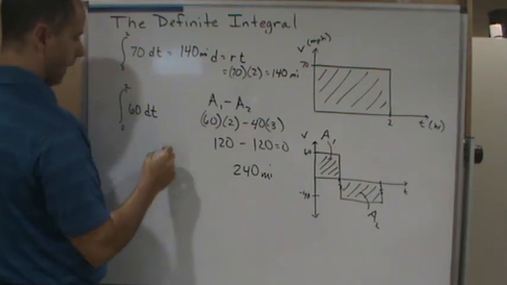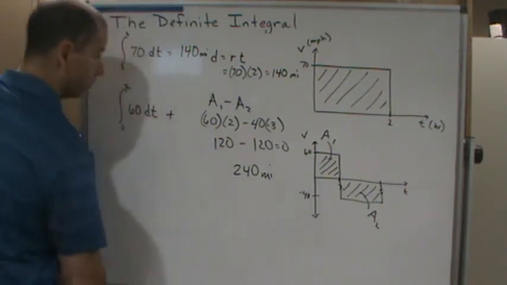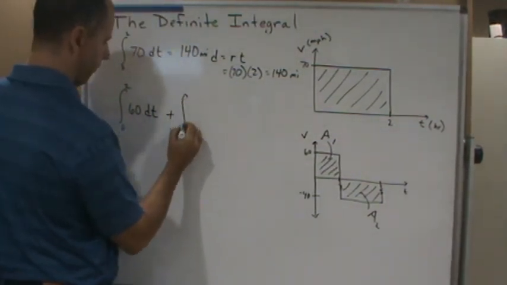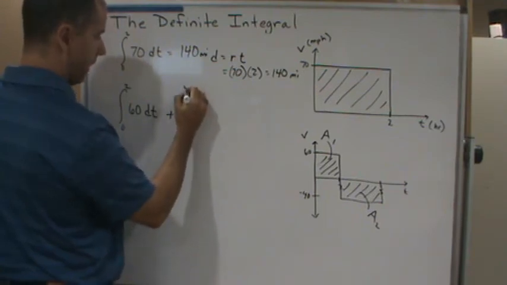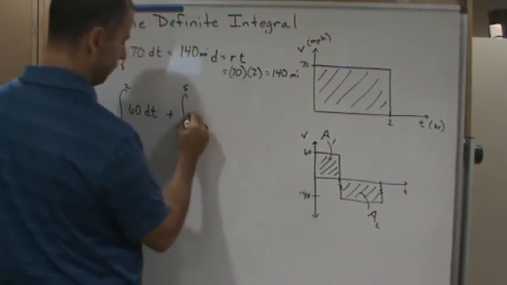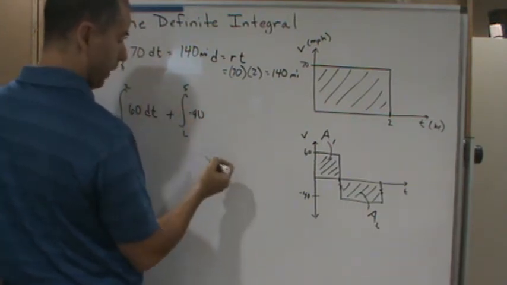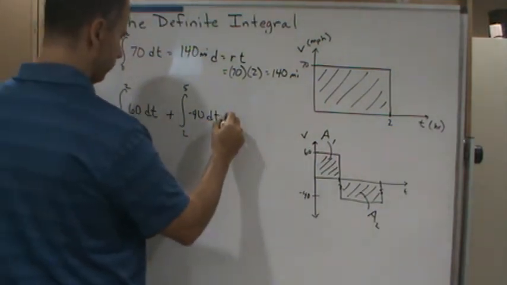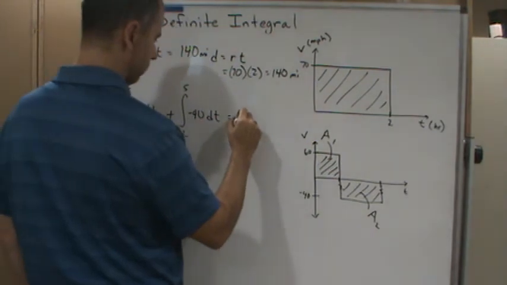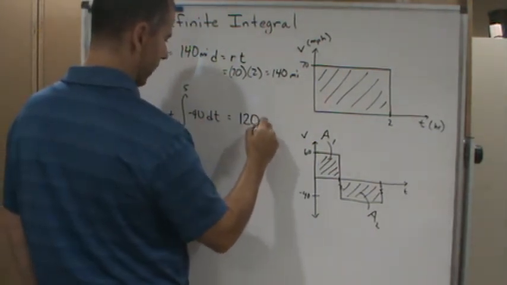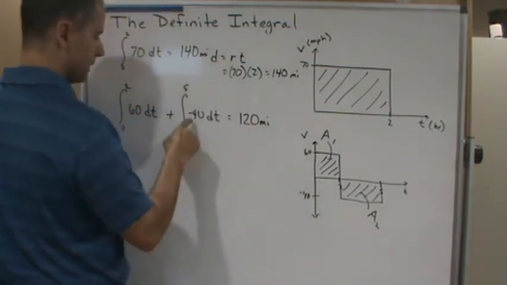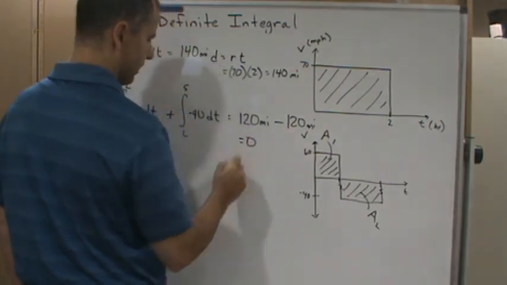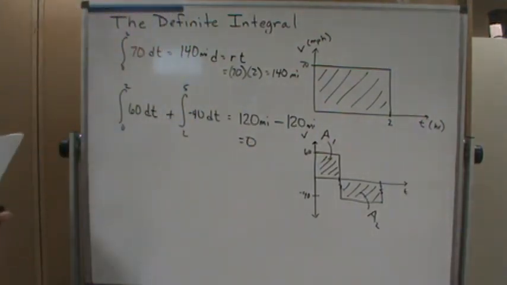And then we would add the integral from 2 to 5, where it's now going negative 40 miles per hour, dt. This equals 120 miles plus a negative 120 miles, which gives us the same answer that we saw before using algebra.